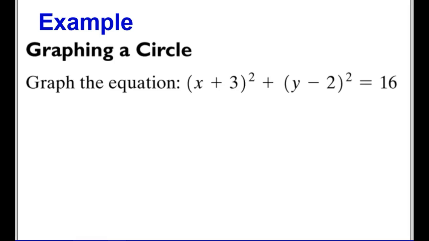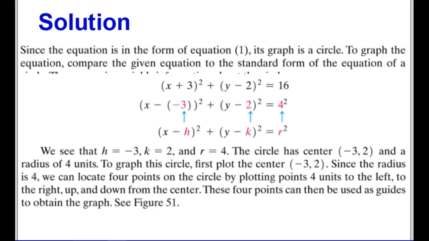So now we're going to be graphing our circle. So here I'm asked to graph this circle. So the first thing I want to do is I want to find my center, and then I want to find what my radius is. Because once I have those two things, I can easily plot those on my graph. So let's see what we do here. So I always want to have my x minus and my y minus, right?